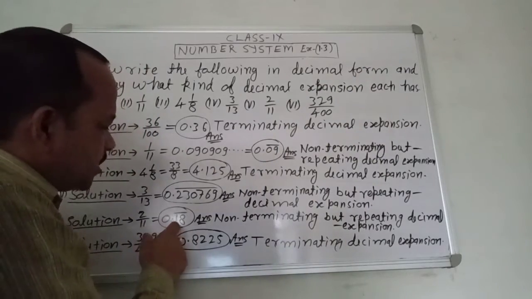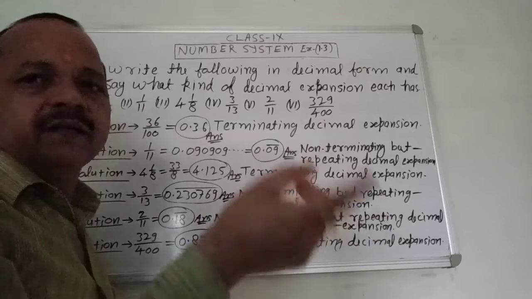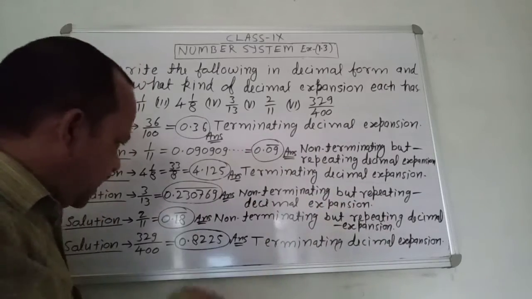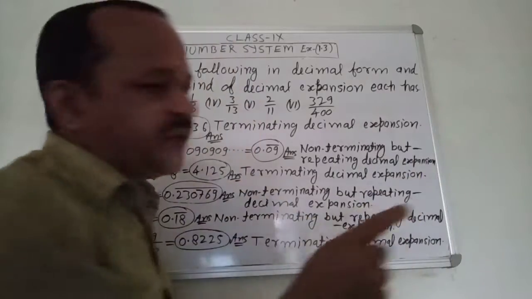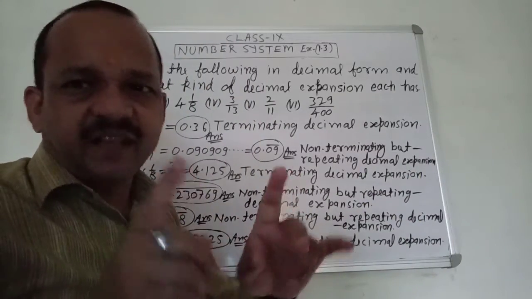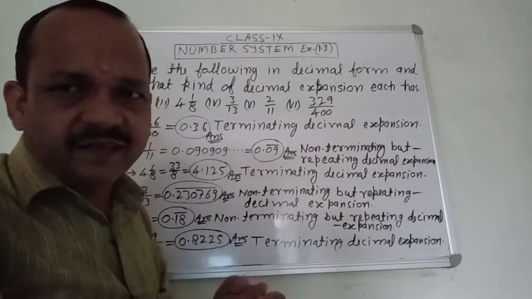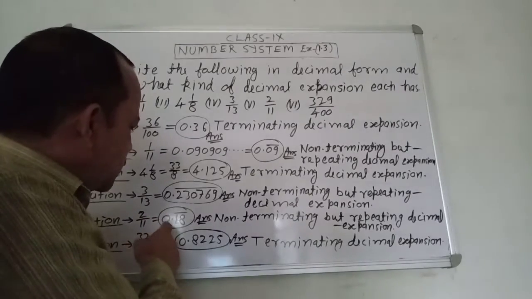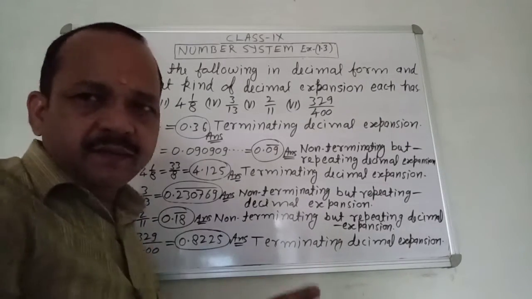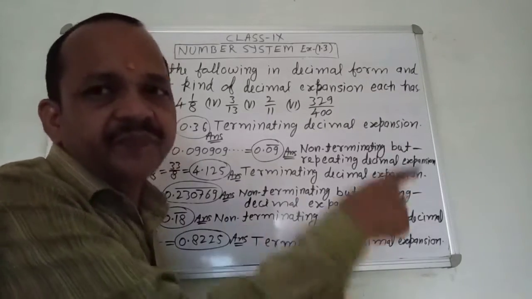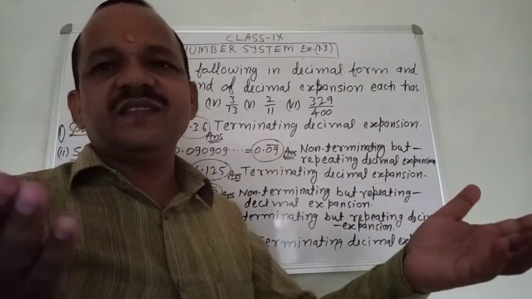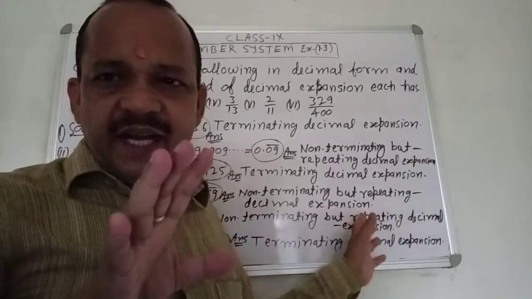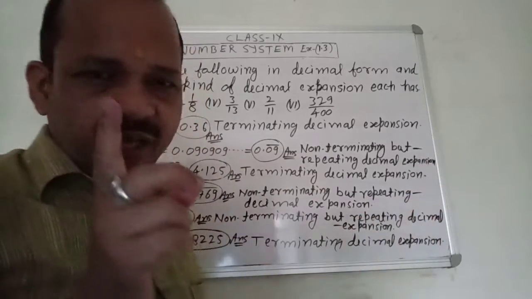It means 0.18 is repeated. So you can say it is a non-terminating but repeating decimal expansion. Clear? You can say easily 2 by 11 equals 0.18 bar means it is a non-terminating but repeating decimal expansion. Clear? No suspense. Very good.